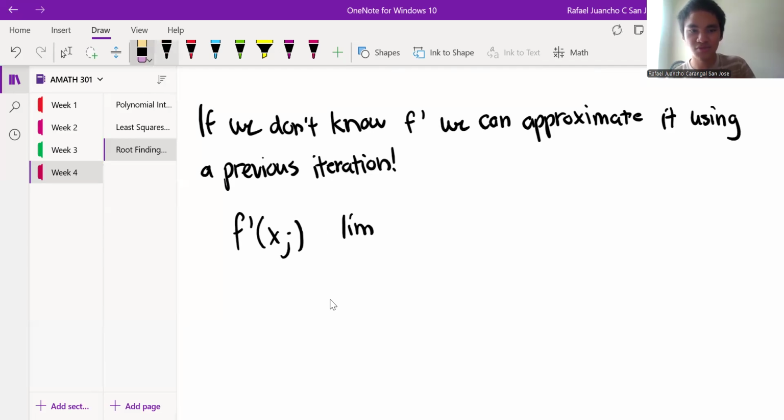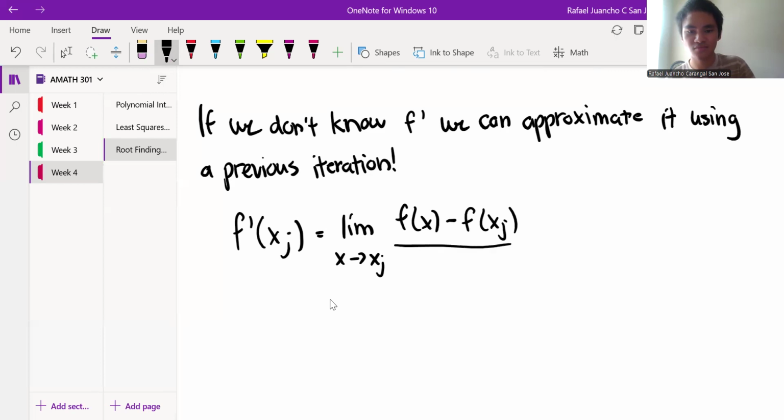Or no, that's not an approximation because we're getting the limit as x approaches my xj value, f of x minus f of xj. So here we're just doing slopes, right? And so now there's the approximation. J plus 1, I'm kidding, minus 1.